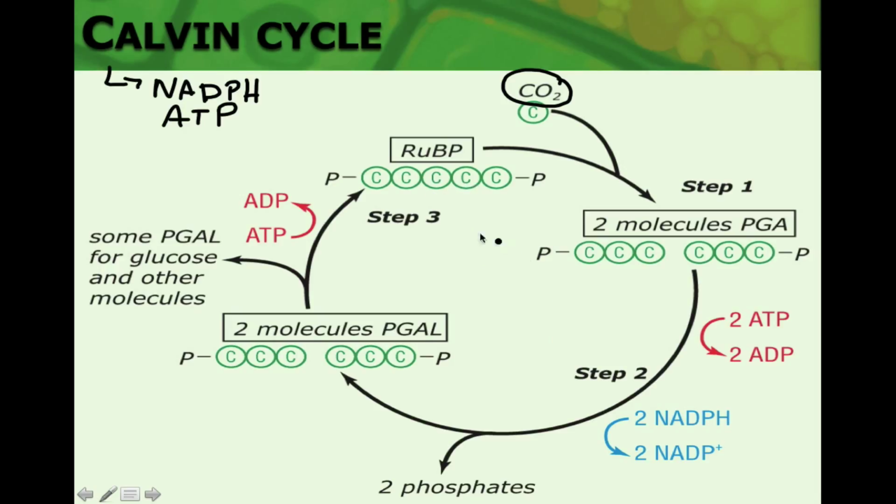So the Calvin cycle is also sometimes called the carbon fixation cycle, because during this process, carbon is fixed or assimilated into an organic compound, such as those sugars. So let's take a look at this process here.